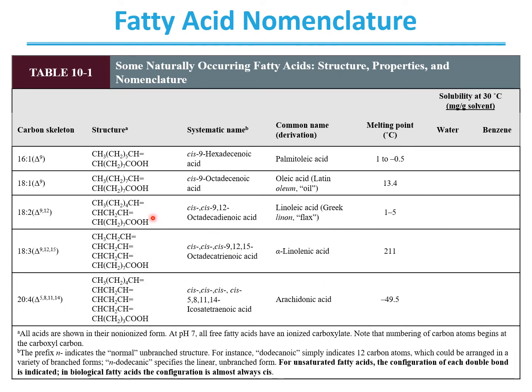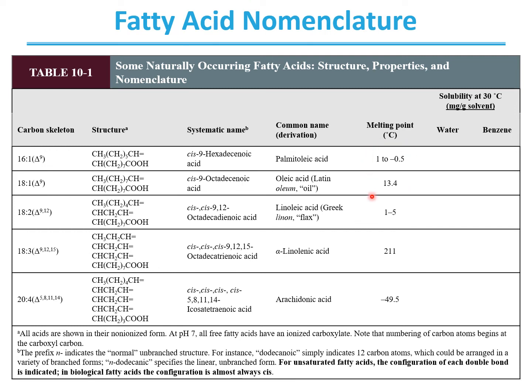Here is a table of monounsaturated and polyunsaturated fatty acids. You can see their systematic names again and their common names. Here is palmitoleic acid, which has one double bond. So it's a palmitic acid with a double bond.